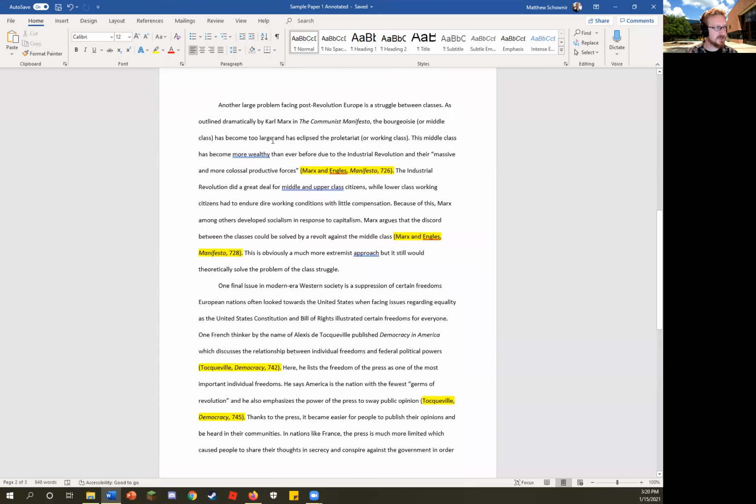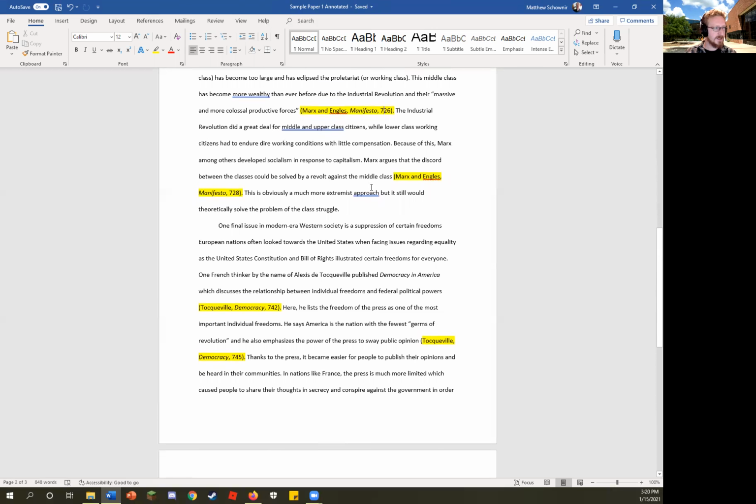They switch gears in the next paragraph talking about the Communist Manifesto. And here they pull out a quote from the Communist Manifesto, Karl Marx and Engels cited here, Manifesto, page 729 or 726. And be aware that even if you're not directly drawing out a quote, you're not copying and pasting a quote from this source, if you're getting information from it, you should still cite it.